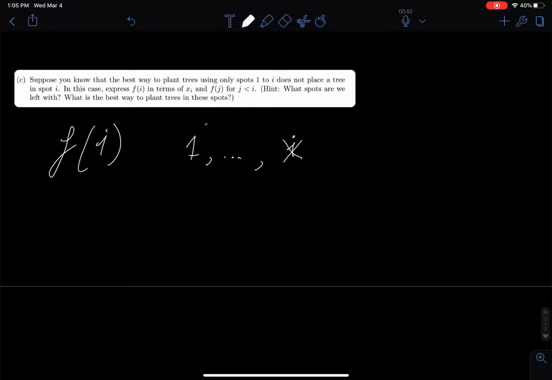Clearly here, since we're allowed to place trees now in any spot 1 through i minus 1, the optimal number of ways to plant trees in spots 1 through i is equal to the optimal number of ways to plant trees in spots 1 through i minus 1. So we can see that one possible value, the value in which we choose not to plant a tree at spot i for f_i, is equal to f_{i-1}.